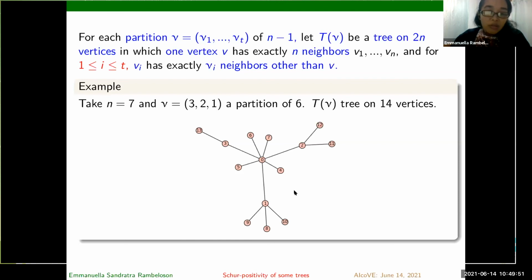And 3 of the neighbors of vertex 0 are not leaves. Why 3? Since the length of this partition is 3. 3 of them have parts of nu as neighbors other than 0. For instance, this one has 3 neighbors other than 0. This one has 2 neighbors other than 0. And this one has 1 neighbor other than 0.